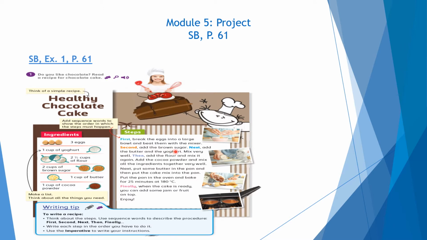Second, add the brown sugar. Next, add the butter and the yogurt. Mix very well. Then, add the flour and mix it again. Add the cocoa powder and mix all the ingredients together very well. Next, put some butter in the pan and then put the cake mix into the pan. Put the pan in the oven and bake for 25 minutes at 180 degrees Celsius. Finally, when the cake is ready, you can add some jam or fruit on top. Enjoy!